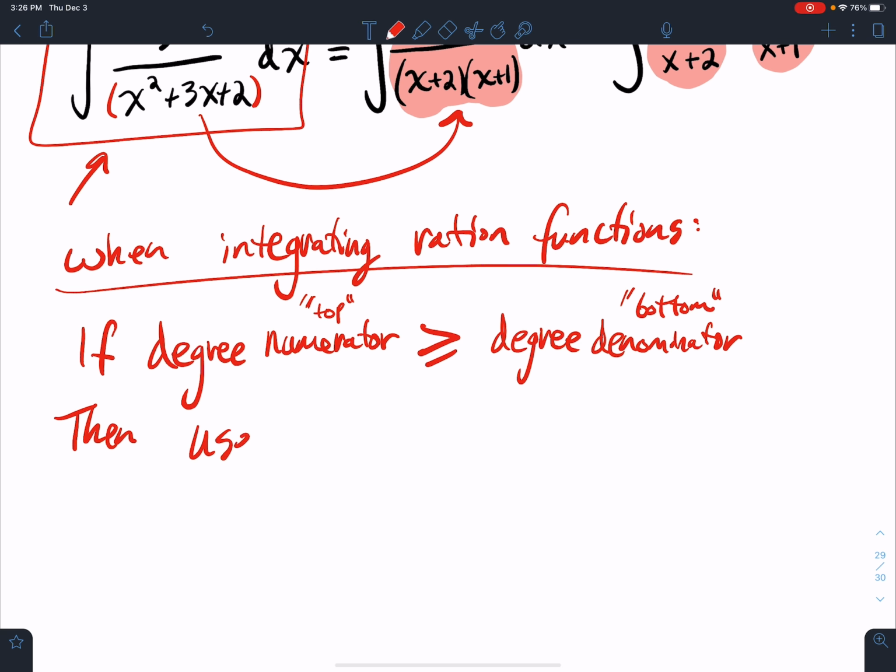We use long division first. Okay, so use long division first to simplify.